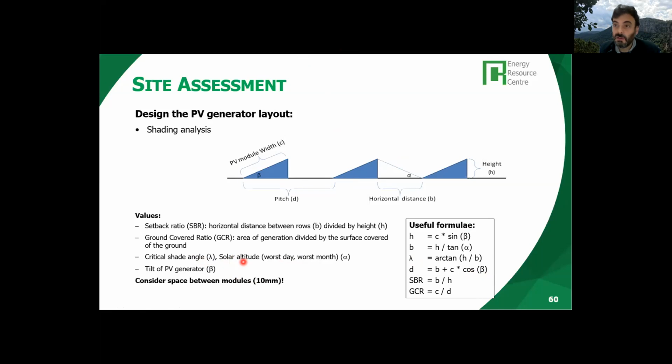In your case, that would be the month of June, when the sun is lower. And the formula tells us that this distance B can be calculated by having the H divided by the tangent of the angle alpha. This is trigonometry we can use to calculate the minimum distance between panels.